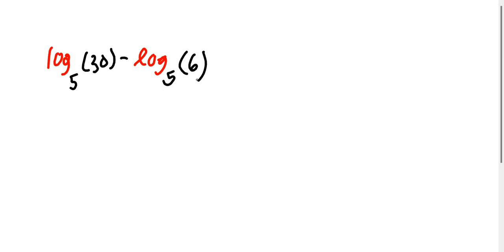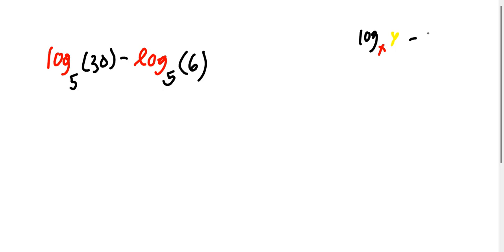We're going to have to follow a rule here, and this is going to be very important to know, because this applies for multiplication and division. So if we have log base x of y, and we're going to subtract log base x of, let's say, some quantity z.